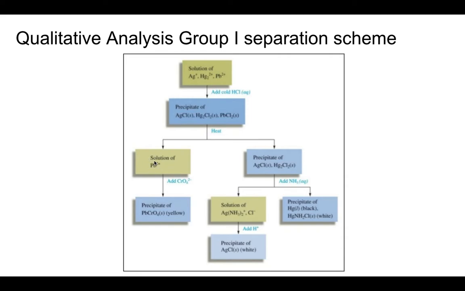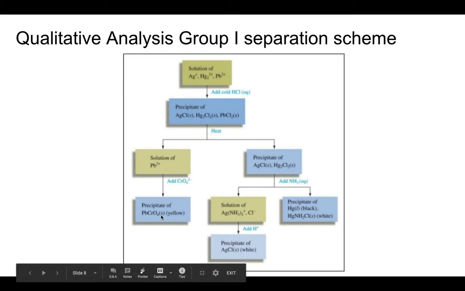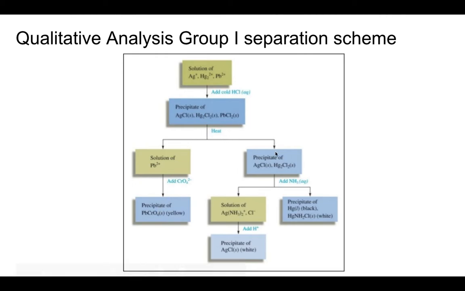Now if you drain off the precipitate, decant it, or draw it off with a pipette, you can add to that warm lead plus 2 some chromate, which will precipitate as lead 2 chromate, which is a yellow color. So now you've got a positive test for lead plus 2. Meanwhile, back over here, you've got your precipitate of silver chloride and mercury 1 chloride. By adding ammonia, you get the silver to go back into solution.